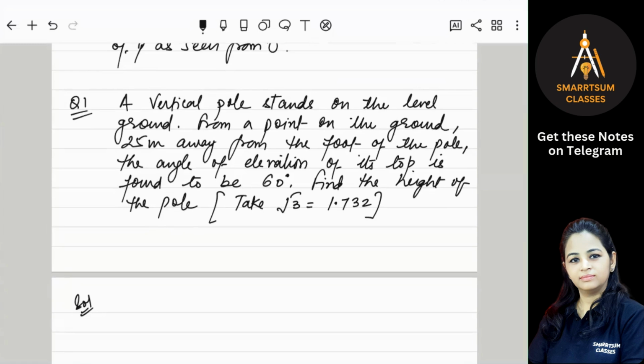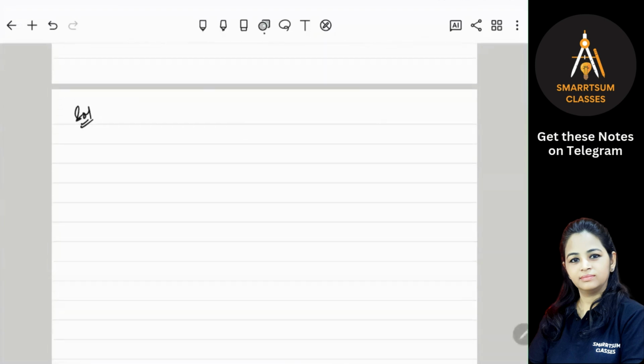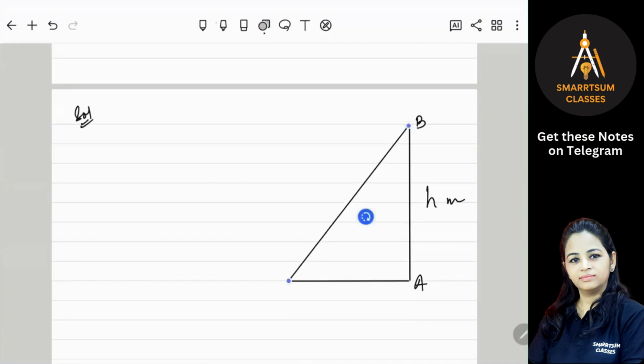Let's suppose AB is the pole. We can draw a pole here. Suppose this is the pole A and B, and the height of the pole is, suppose, h meters. Now there is a point which is 25 meters away from the foot of the pole. The observer is observing the top of the building, top of the tower, and this angle is given here, that is 60 degrees.